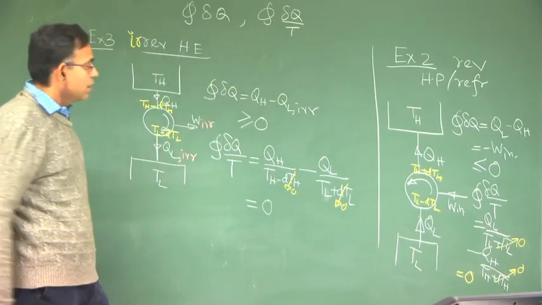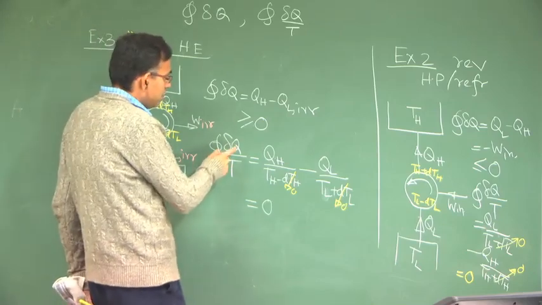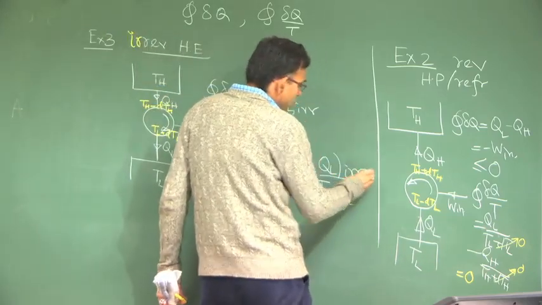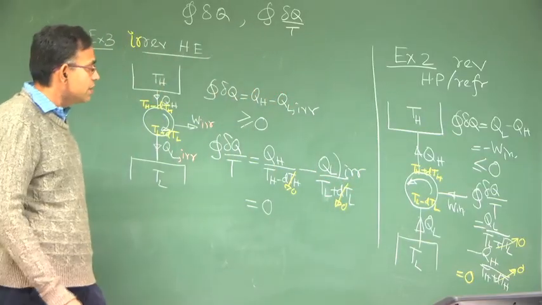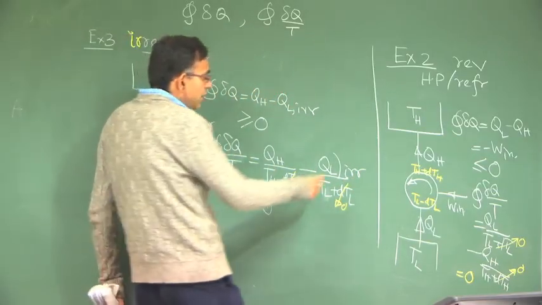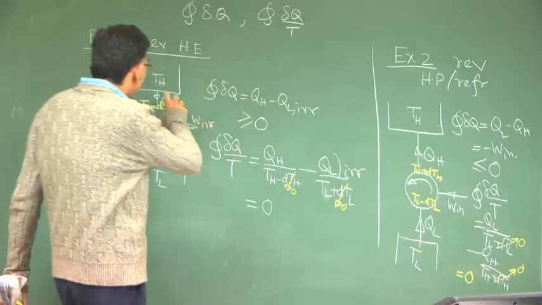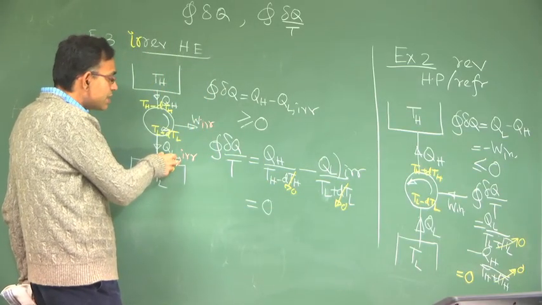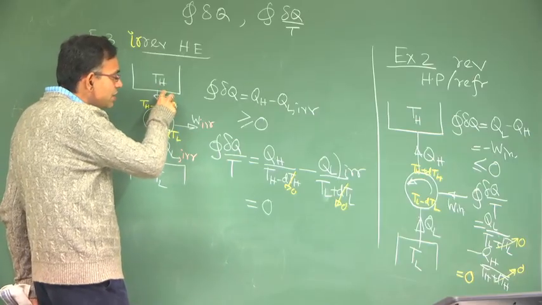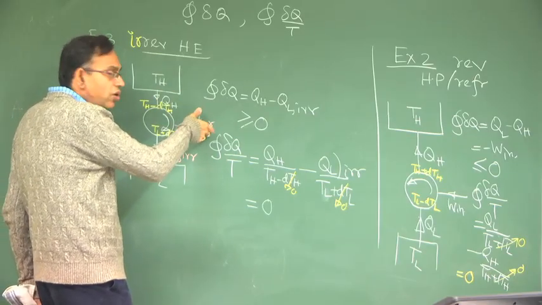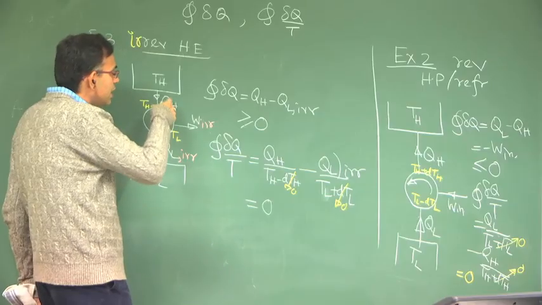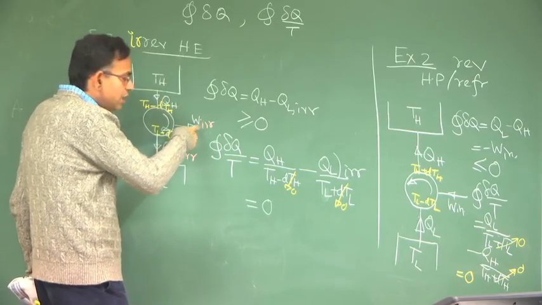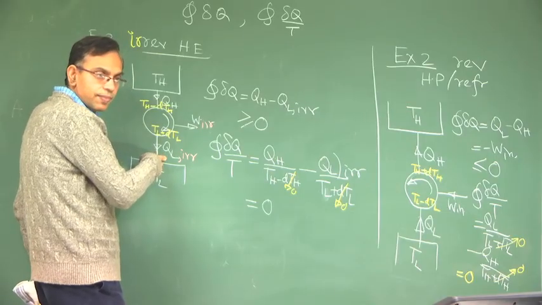Okay. Now the more interesting del q by T. So QL, this is now QL irreversible, same QH. For the same QH, which QL is more, reversible or irreversible? Irreversible is more, because for the same QH, W reversible is more and QL is the difference between QH and W. So if work done is more, heat rejection is less, right.